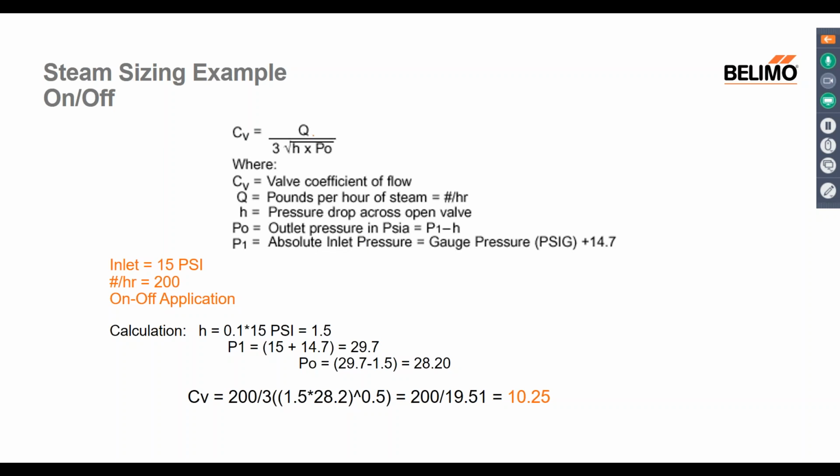Pounds per hour of steam, pressure drop across the valve is a constant, and then you calculate outlet pressure in absolute. And so with this calculation, we came up with a 10.25 CV, where we would go into a book and find the closest valve up. That's what ASHRAE says. Choose the closest valve up.